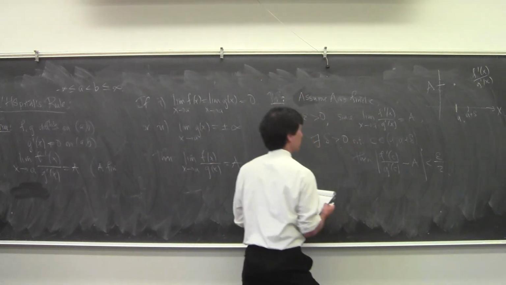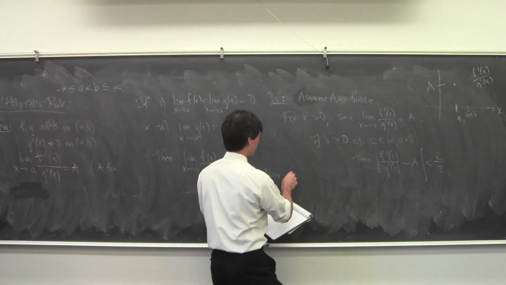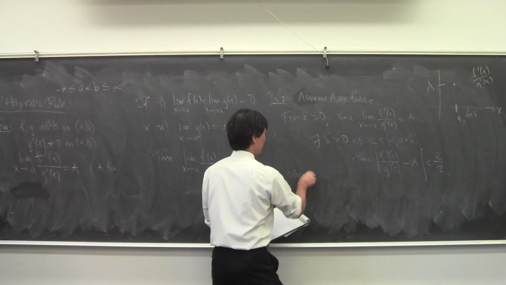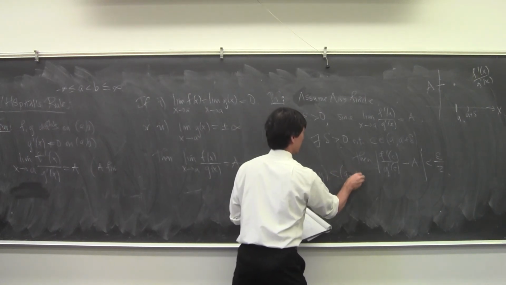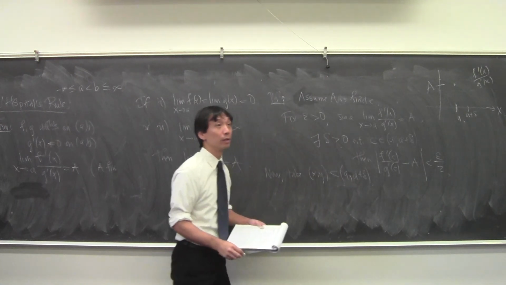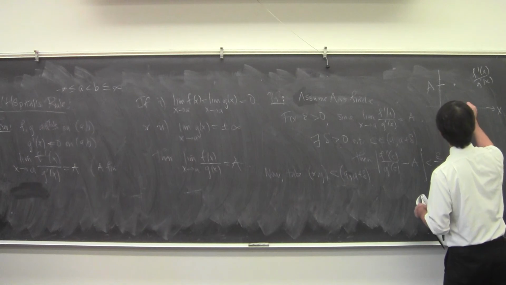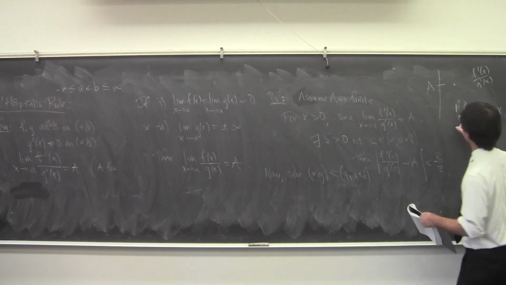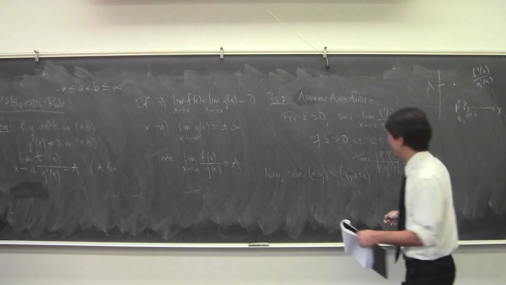So now we use the generalized mean value theorem. Now, take the interval x, y living inside of that neighborhood, a plus delta. Okay. What does that give you?